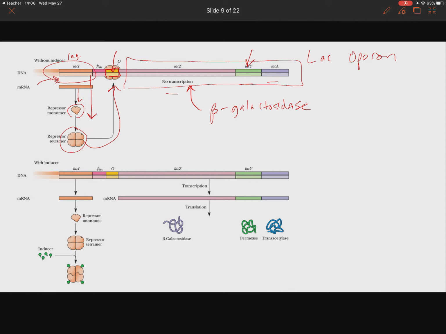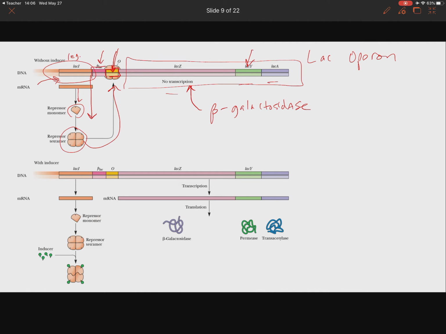Now, the repressor protein made by lac I forms a tetramer when it gets translated, and it binds to the operator portion of this operon. Now, the operator is the DNA element to which the repressor binds. I've already identified it for you right here. When the repressor is bound to this operator, nothing can bind to the adjacent promoter, and so we don't get the lac genes transcribed.